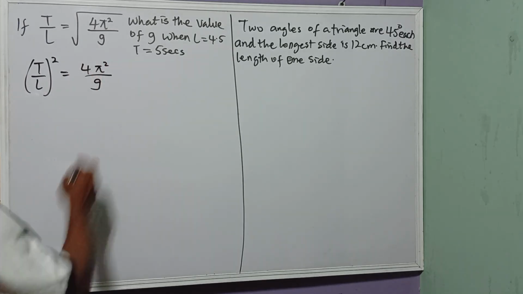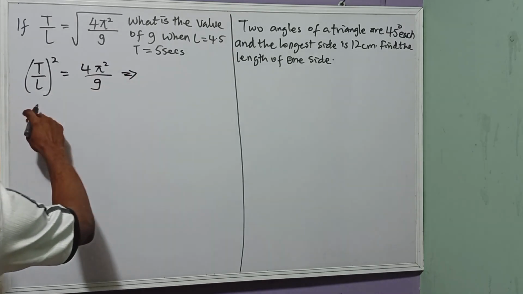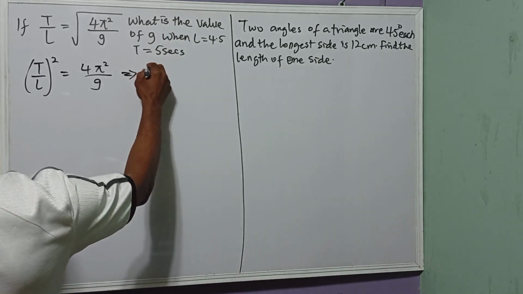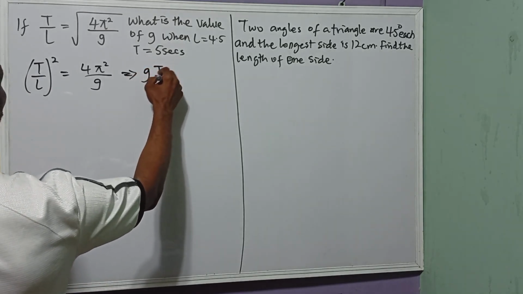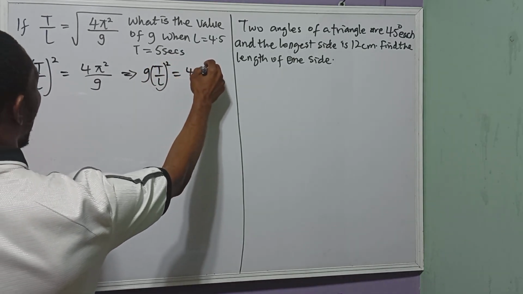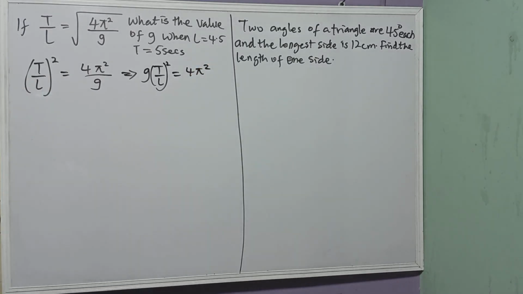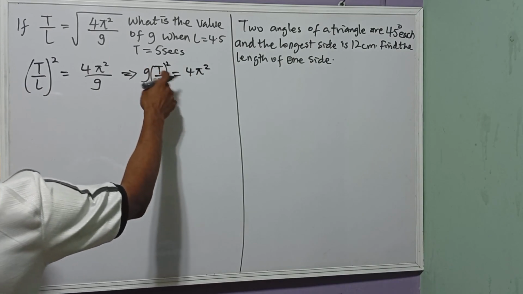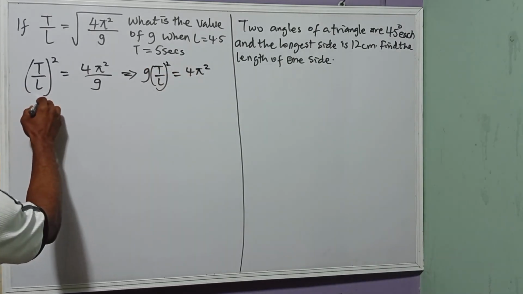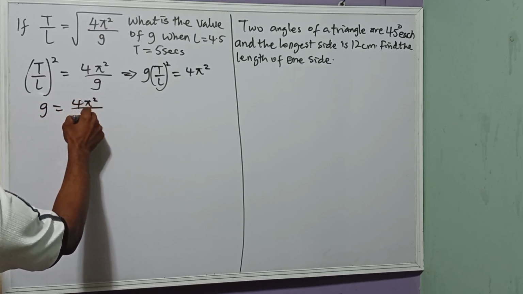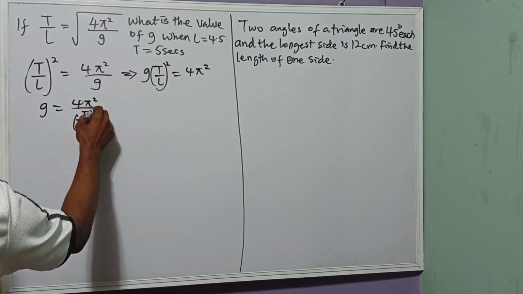Next we'll cross multiply. This becomes g times (t over L) all squared equals 4 pi squared. Now, we are going to divide both sides by (t over L) squared. So this becomes g equals 4 pi squared over (t over L) all squared.